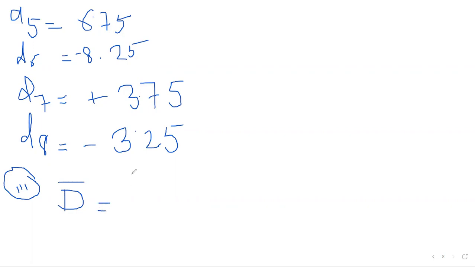Average deviation is summation of mod of D divided by N. I gave mod because in many cases you will get negative values. So in this case we will not consider any negative value. When you are doing mod, you will take all the values as positive.